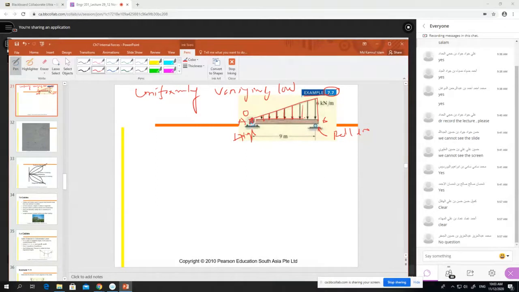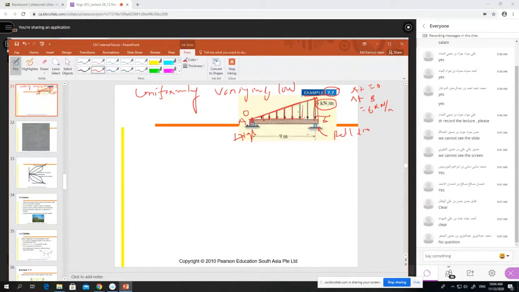But as we go from the left side to the right side, to point B, our load slowly increases. It becomes 6 kN per meter at point B. So when we reach B, our load is 6 kN per meter. At A, our load is 0.